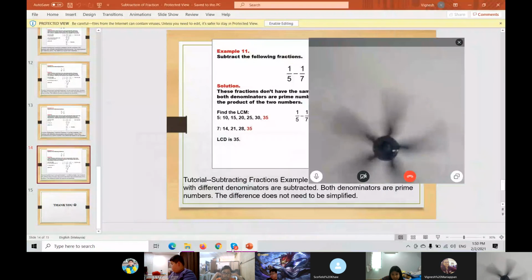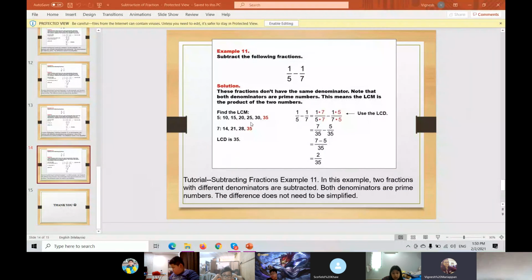Quinas, multiply. Okay, look at my screen here. Have you opened the slide the teacher posted for the subtraction question? Yes, teacher. Okay, look at the slide carefully. Can you see the working the teacher shows there? When you multiply 5 with 7, the 1 on the top also you have to multiply with 7, isn't it? Correct. And for the next fraction, when you multiply 7 with 5, the 1 on the top also you have to multiply with 5, correct?